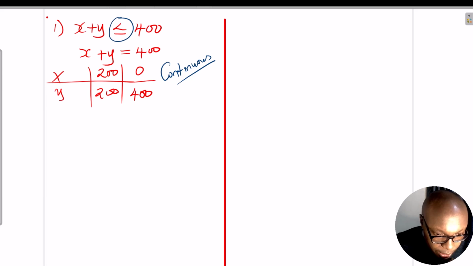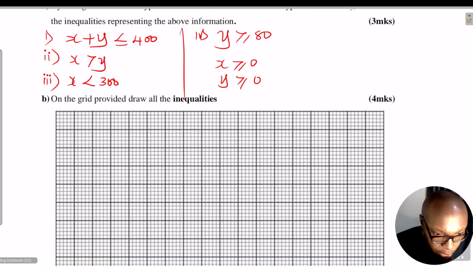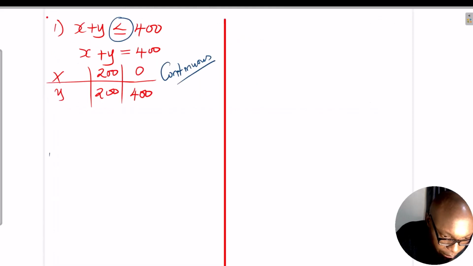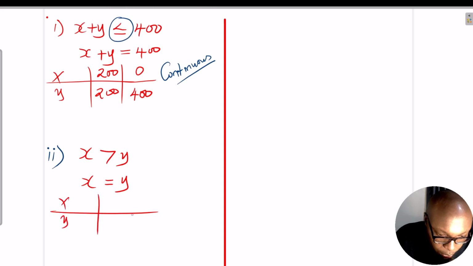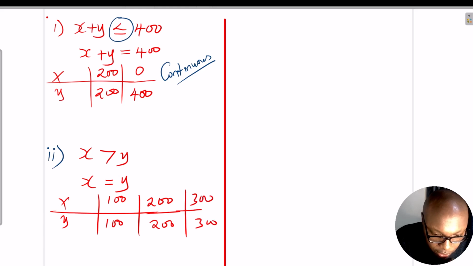We can first list the points that you're going to use for all the other lines, and then we come to plotting them. The other one is X is greater than Y. The line you're going to draw here is X equals Y. Choosing points is quite easy: if X is 100, Y is 100; when X is 200, Y will be 200; 300, 300, and so on.